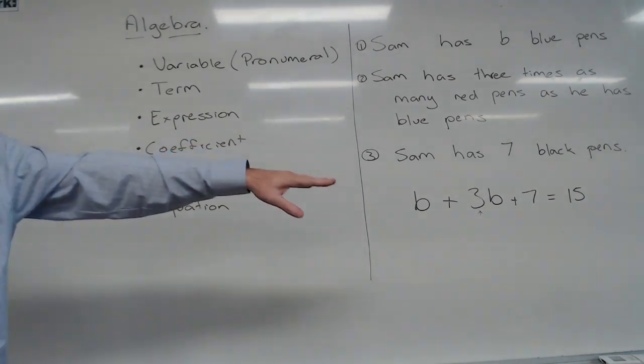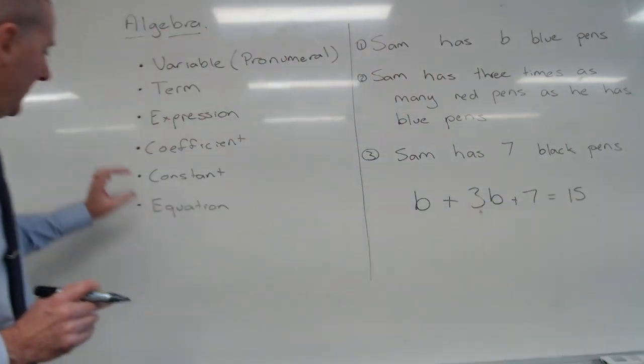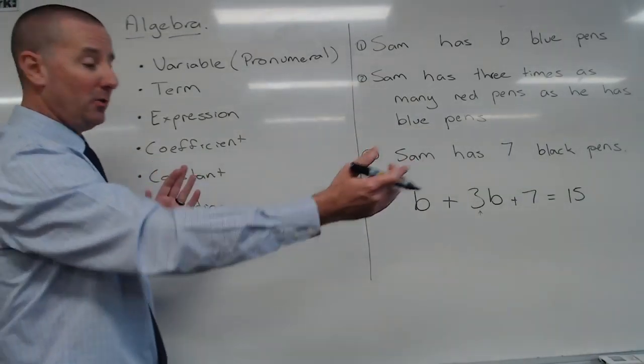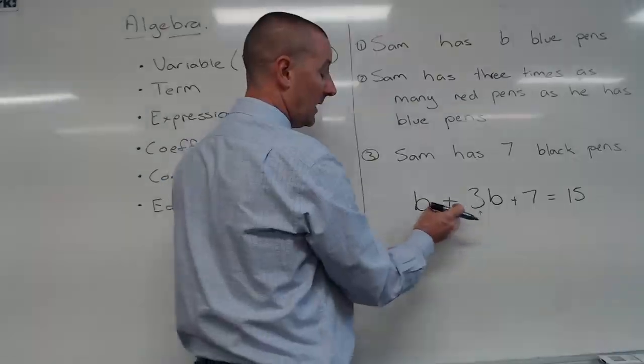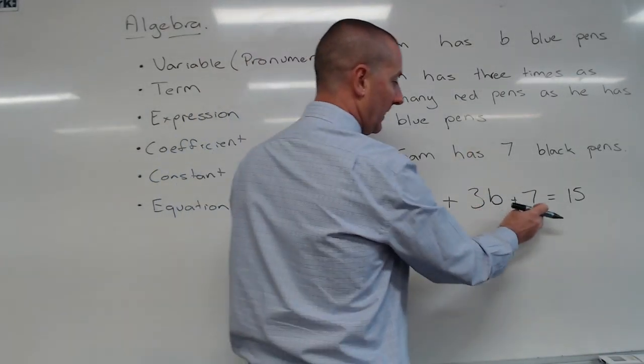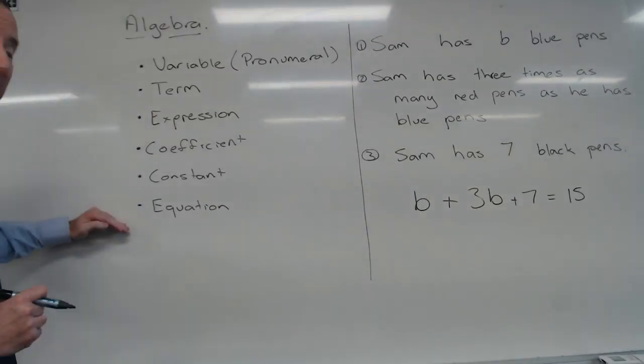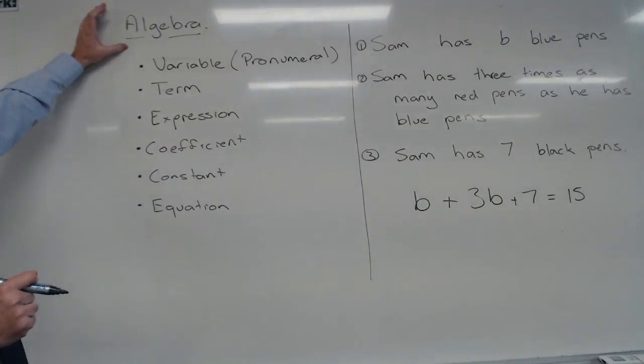Our constant is our number here, the 7 or the 15. And our equation is our total mathematical phrase, b plus 3b plus 7 is equal to 15. So these are the terms that we need to review for our topic of algebra.